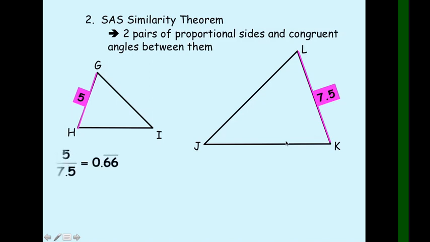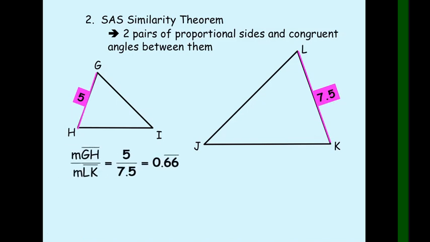So, we can compute that the ratio of the measurement of GH over the measurement of LK is equal to 5 over 7.5, so you will get 0.6666. So, you will put the bar to say that this is a repeating decimal. Next, we have angles H and K are both 70.